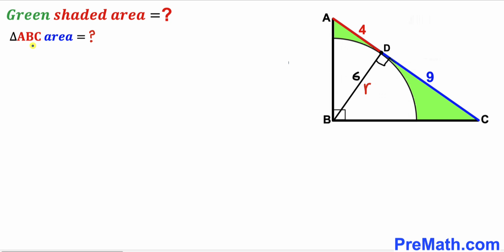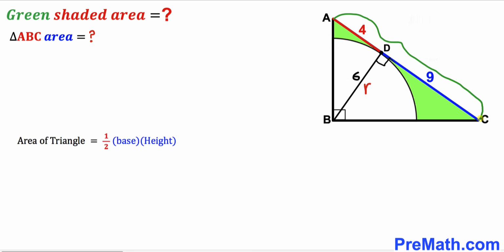Now we are going to calculate the area of this right triangle ABC. We are talking about this whole triangle ABC. Let's recall the area of a triangle formula: area is always equal to a half times base times the height of the triangle. In our case, the base of this triangle ABC is this whole length, 4 plus 9, which makes 13 units, whereas the height of this triangle is 6 units.